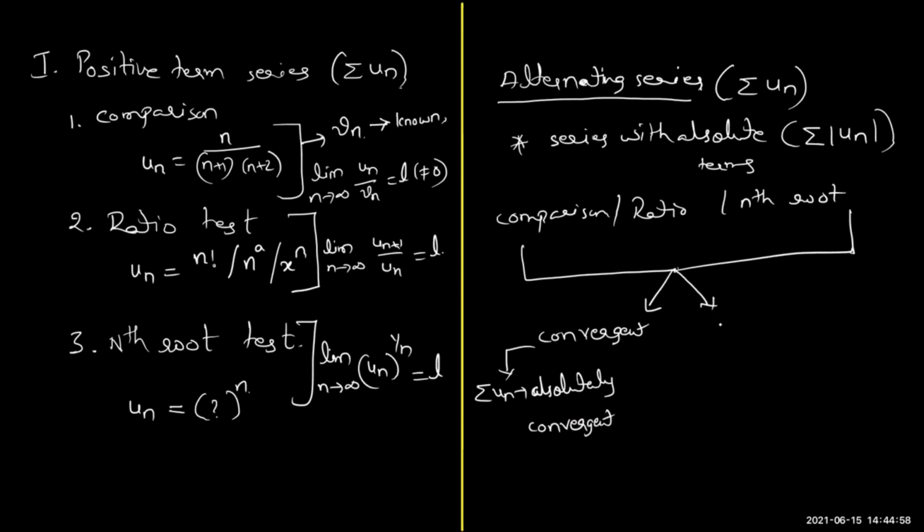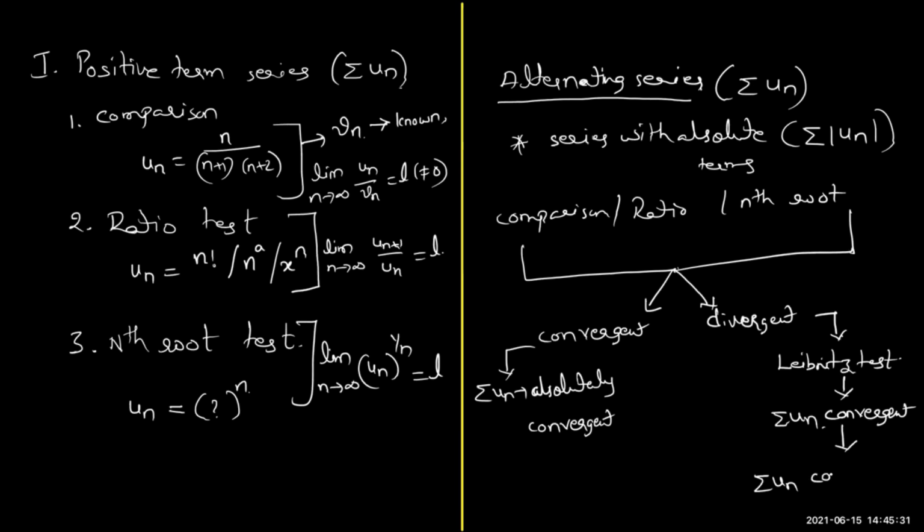In case you get summation mod u(n) as divergent, then we use the Leibniz test here. By the Leibniz test, if you get the given series summation u(n) as convergent, then we say this summation u(n) is convergent, but conditionally.